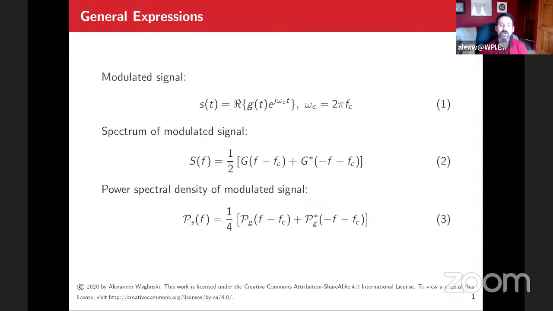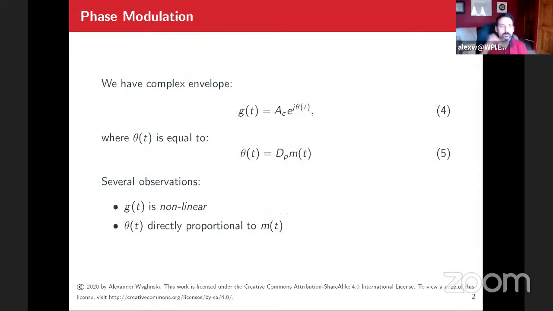The reason I call it complex baseband is because G of t can assume a complex value, right? But in passband, we can't have complex values. It's got to be all real, which is why we have the real operator. So now we go to phase modulation. We saw this.